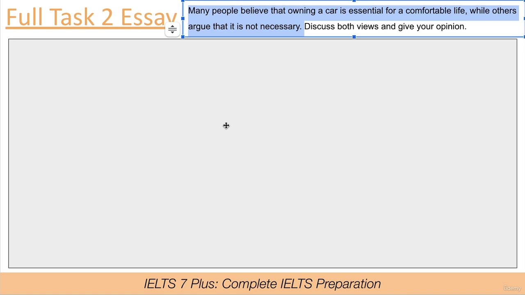Many people believe that owning a car is essential for a comfortable life, while others argue that it is not necessary.